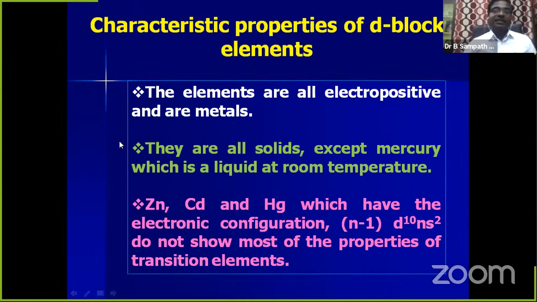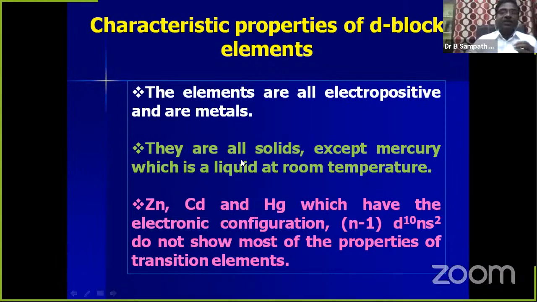Now let us see the characteristic properties of D block elements. See, children, here the elements are all electropositive and are metals. We have seen the S block elements are metals, but P block elements have metals, non-metals, and metalloids. But the D block elements are only metals.